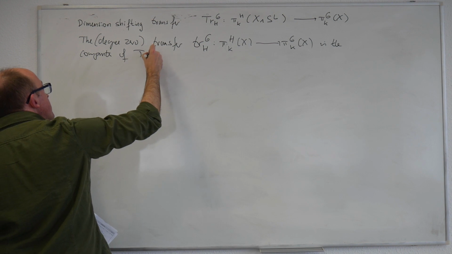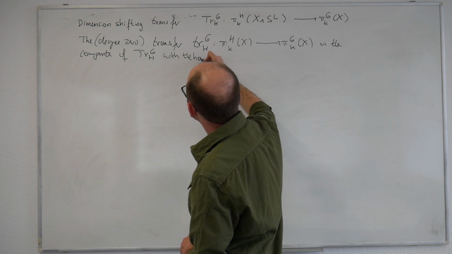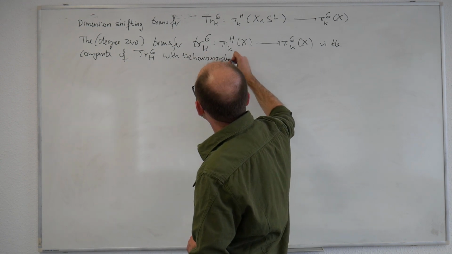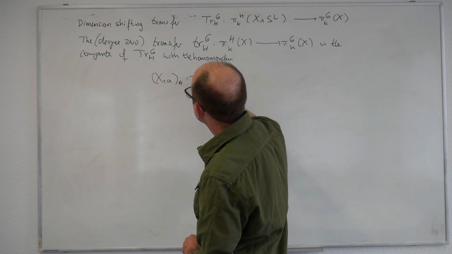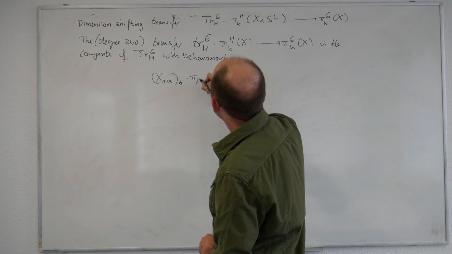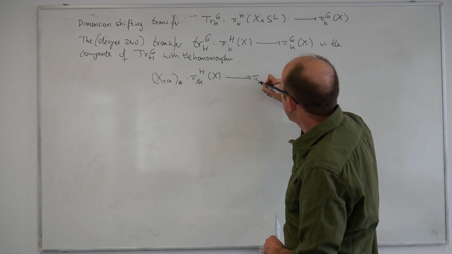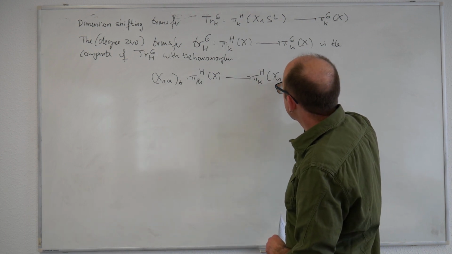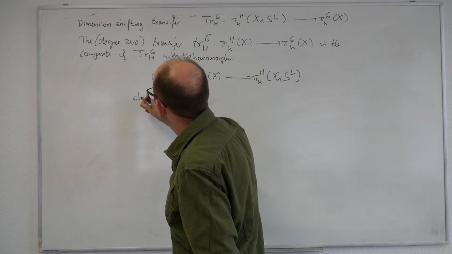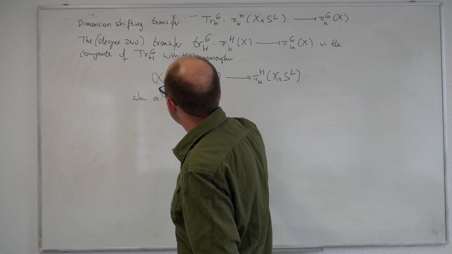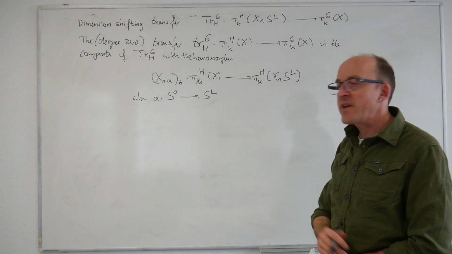of the transfer that possibly shifts the dimension with the homomorphism that's induced by something that I'll call X smash A lower star, which goes from pi k H equivariant of X to pi k H equivariant of X smash S^L, and then on with the other transfer, where A is the map from S^0 to S^L that just includes the point at the origin and the base point at infinity.